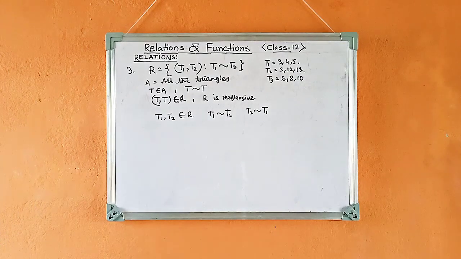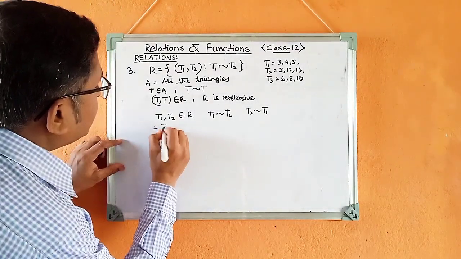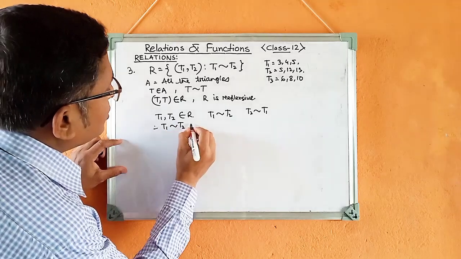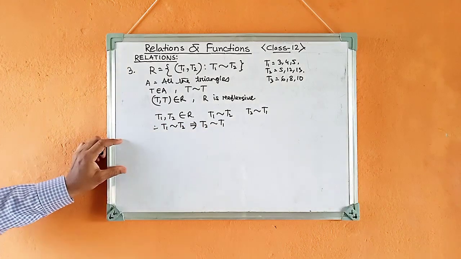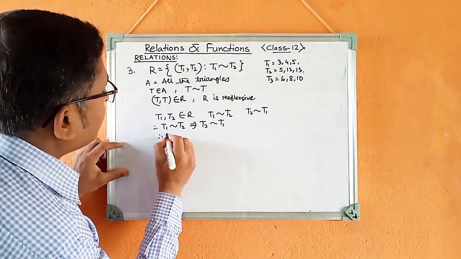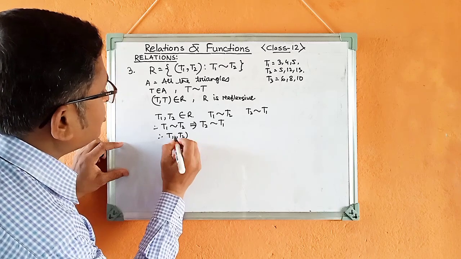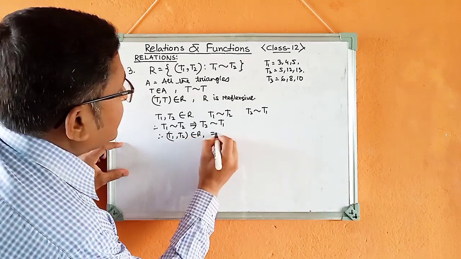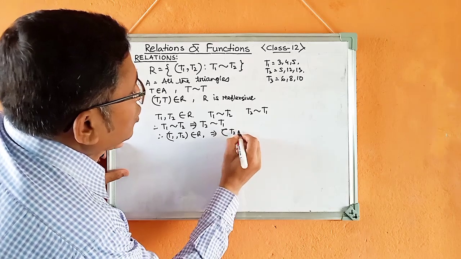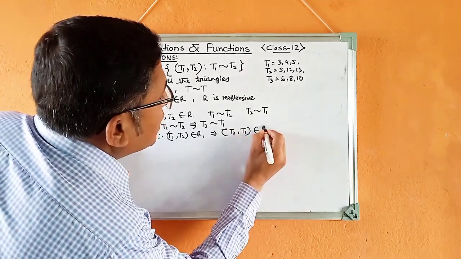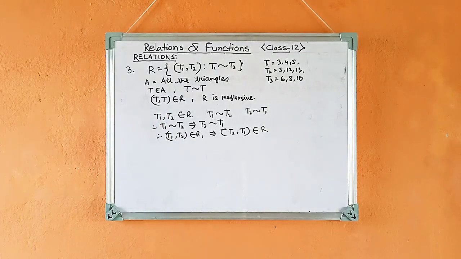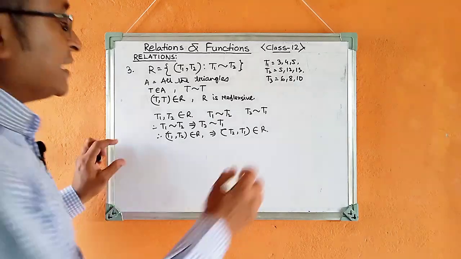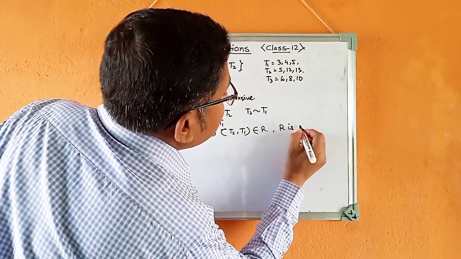Therefore T1 similar to T2 implies T2 similar to T1. So T1 comma T2 belongs to R implies that T2 comma T1 belongs to R. That means R is symmetric.